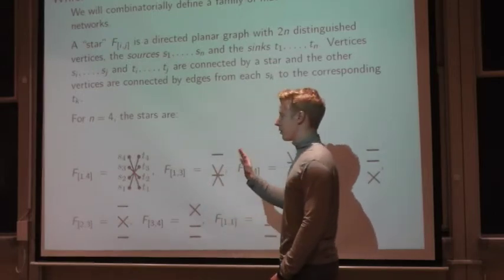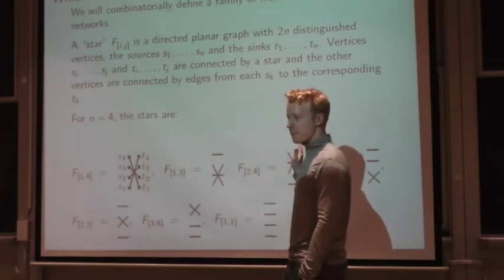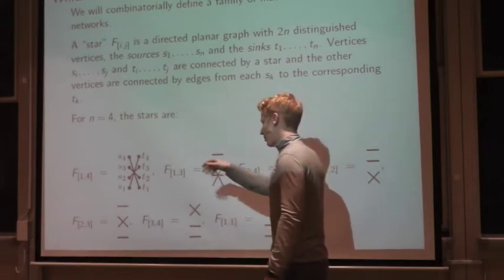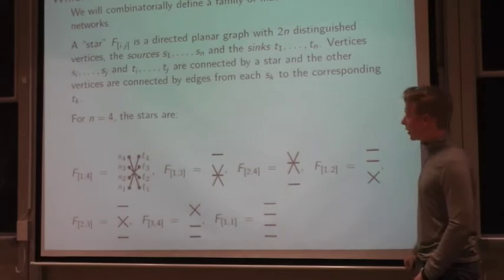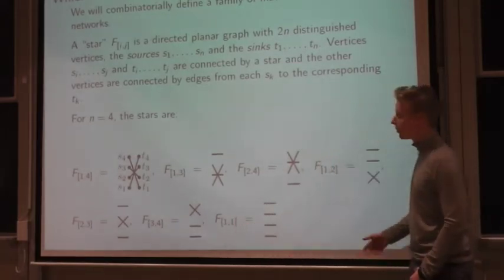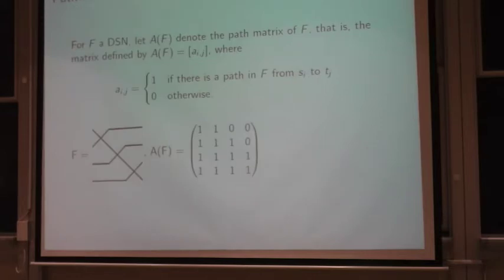Also, throughout the entire talk, all the graphs are directed from left to right, so when I say star, it's the star with a choice of direction on it. There are 7 stars for n equals 4. F11, F22, F33, and F44 would all be the same thing.